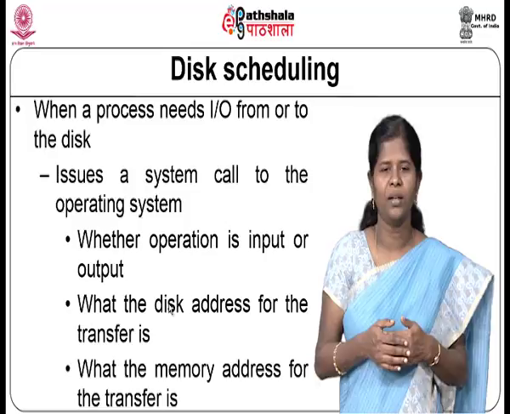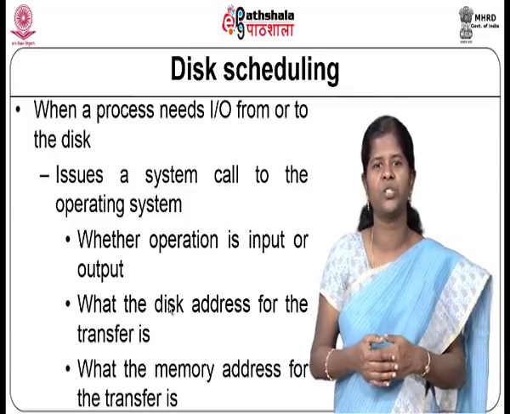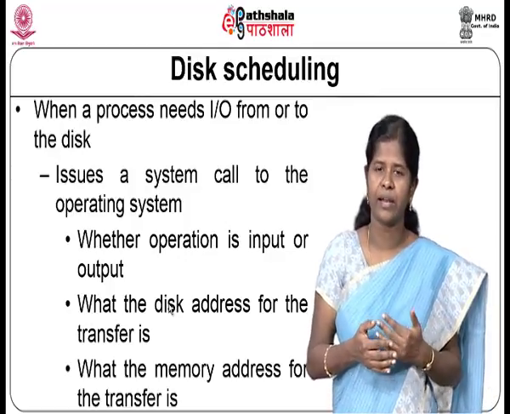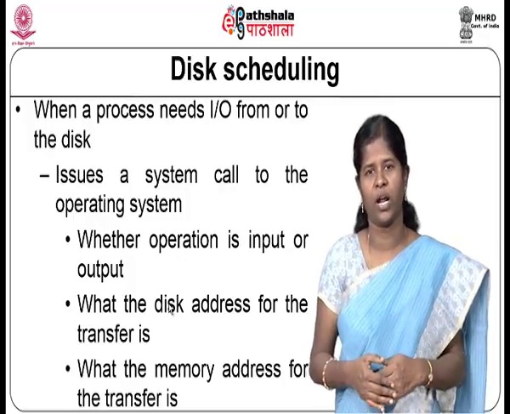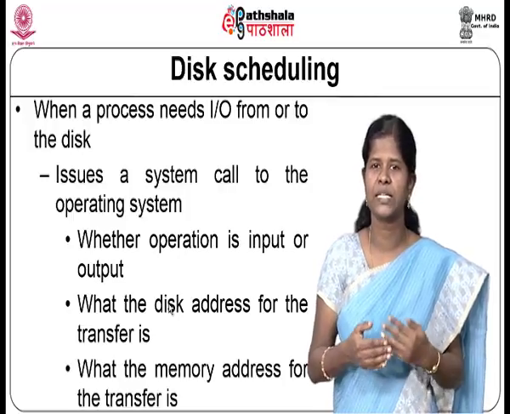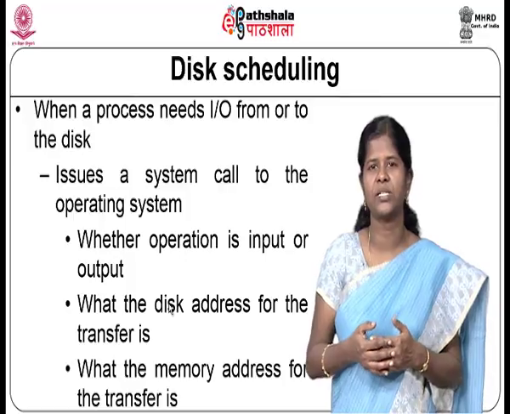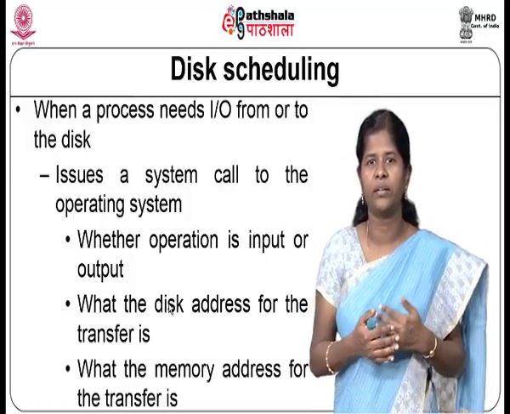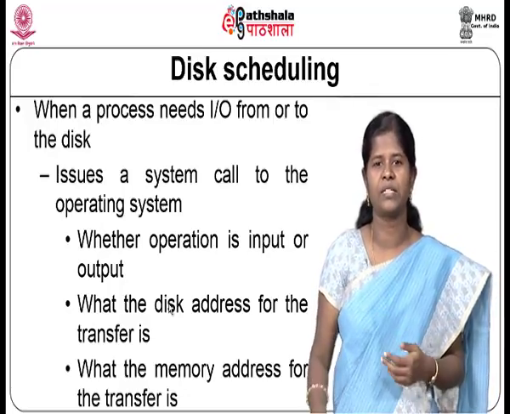The system call will tell the OS whether the operation has to be a read or a write, that is, whether it is an input or an output, and then it will have to give information about what the disk address for the transfer is, that is, from which disk address it has to be transferred. It can also say what the logical address should be, and then what the memory address for the transfer is.